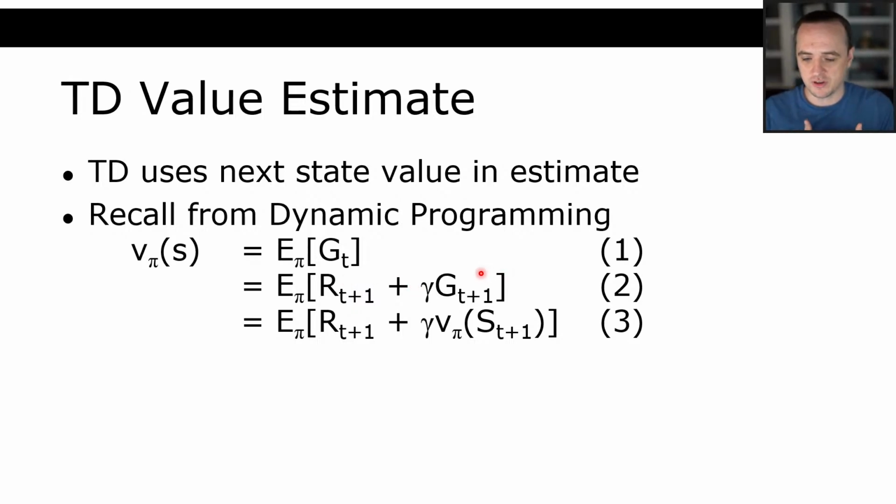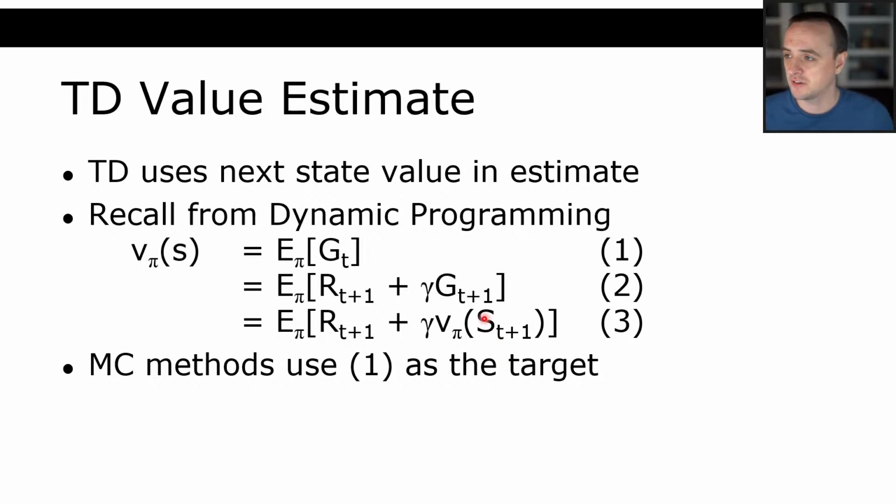Because the whole point of dynamic programming was that the return is the current reward plus the value of the next state, which is the return of the next state. And since the return of the next state is being estimated by the value of the next state, as we go on, we learn more and more, and the return approaches this value.